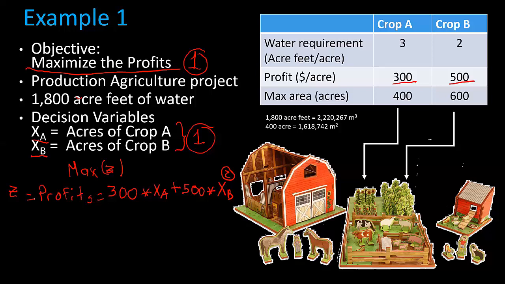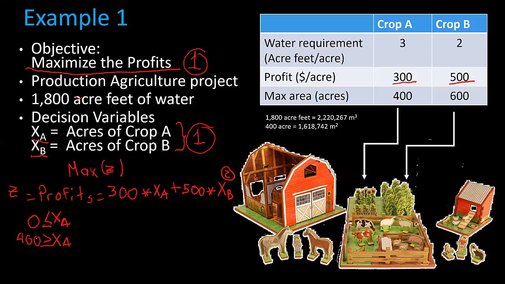Finally, in step number 3, we want to define the constraints. So what are those constraints? We have constraints related to the area. In this case, XA, the acreage of crop A, has to be greater or equal than 0, and similarly, XA has to be less or equal than 400.